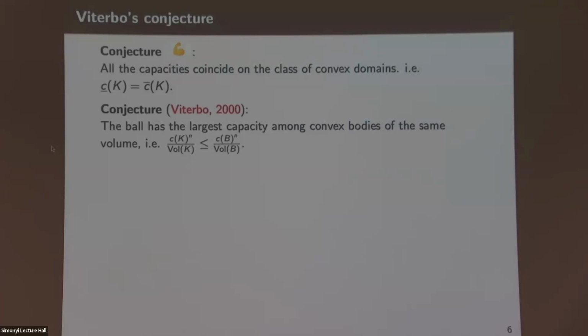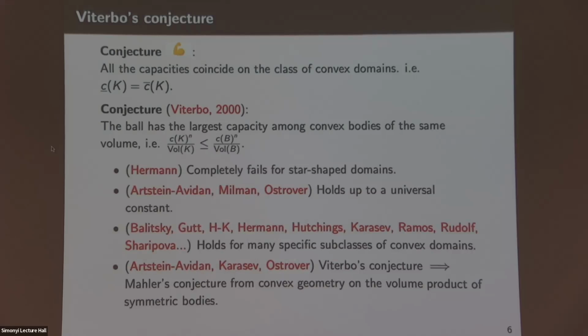So it is weird that we are expecting different behavior on the class of convex domains. And yet, this seems to be the right setting, because the conjecture is not true for star-shaped domains, and it holds up to a universal constant when we restrict to convex.